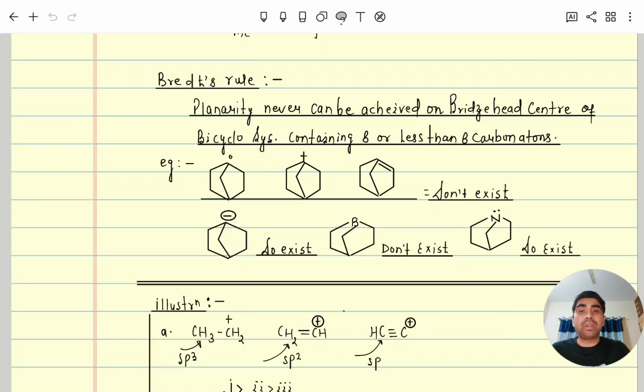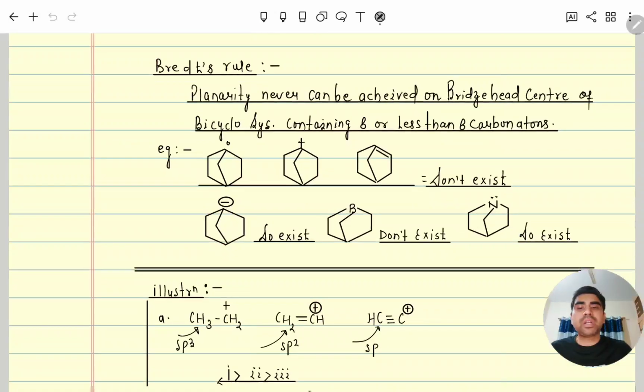Bredt. And why will it not exist? Through the drawings we understood. So just remember that planarity, that is carbocation, carbon free radical and alkene system, do not exist at the bridgehead position.